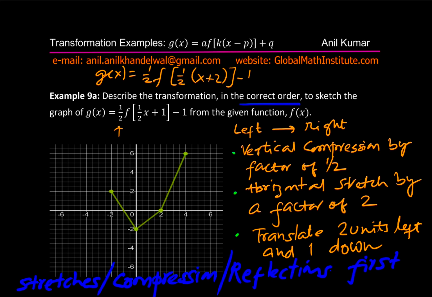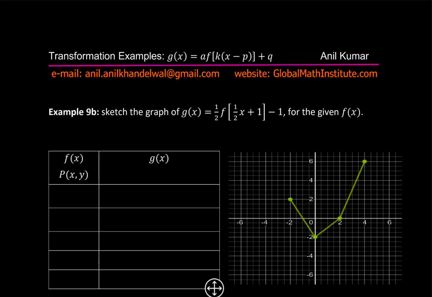Okay, now let's move on and take part B, where we are going to sketch this particular function. Part B is to sketch the graph of g of x equals half of f of half of x plus 1, minus 1. Before sketching, let me rewrite this again as we did earlier.